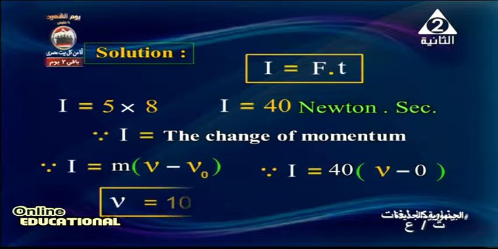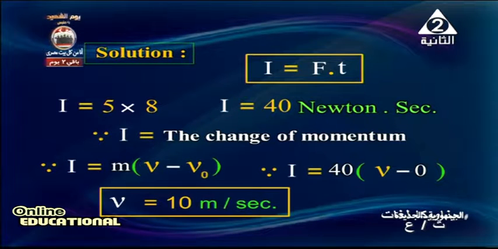Then v equals 10 meters per second. Remember that the force here is in Newton and the time in seconds. Then the left hand side is Newton seconds, and the right hand side m(v − v₀), with m in kilogram and the velocity v in meters per second. Then the velocity equals 10 meters per second.